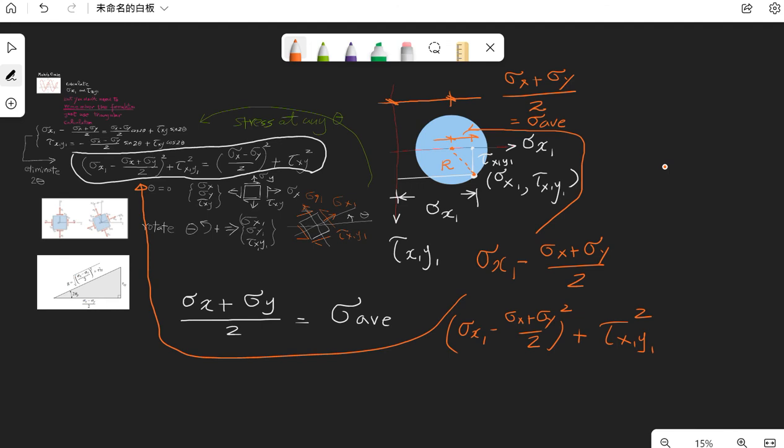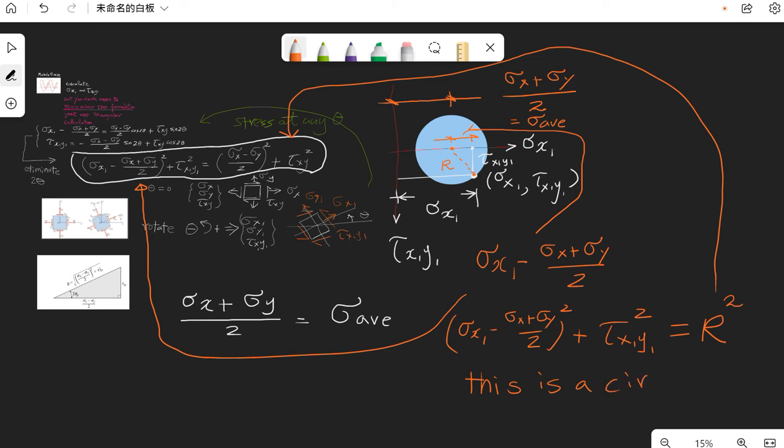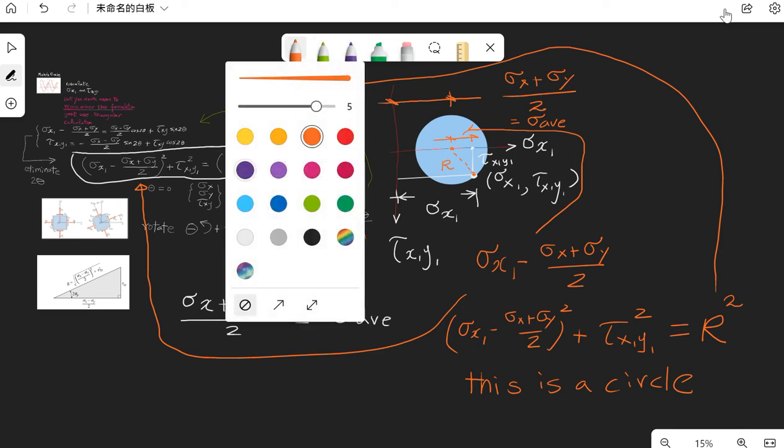So if we can find a value of r equal to this, equal to r squared, then we can say this is a circle, because this is a triangle.